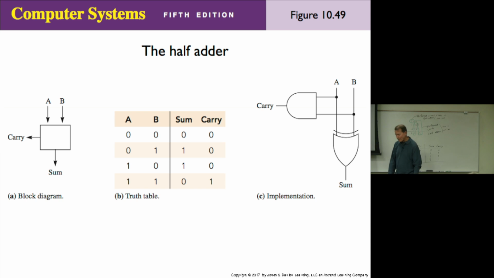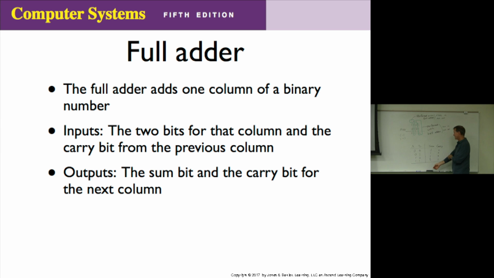And now, what about a full adder? What would we have to have for the full adder? A, B, C, 3 inputs, and what we call C is carry in. With the full adder we distinguish between carry in and carry out, so we have a C in and a C out.